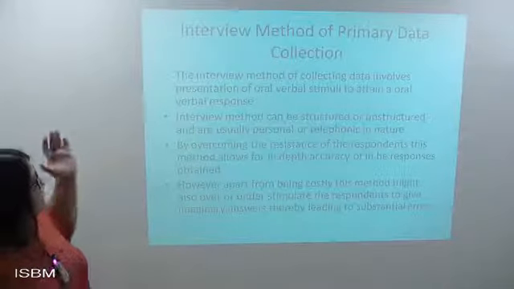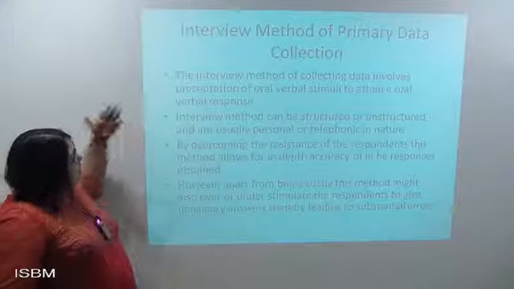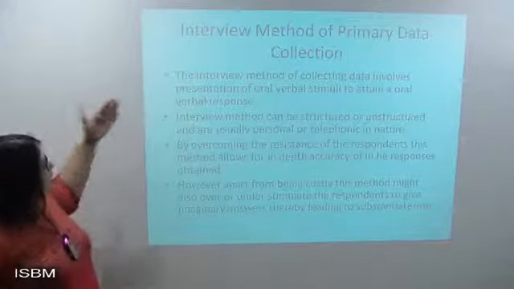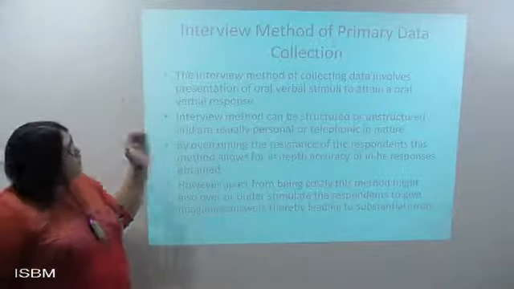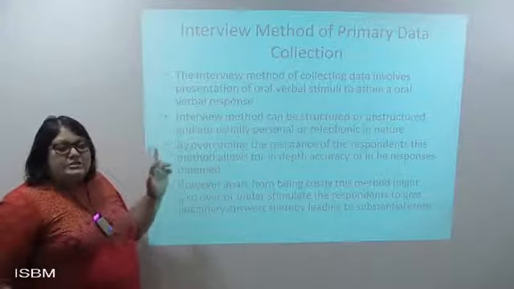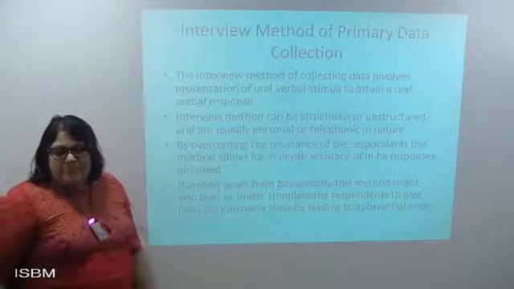So the interview is nothing but the method of collecting data which involves presentation of an oral verbal stimulus to attain an oral verbal response.